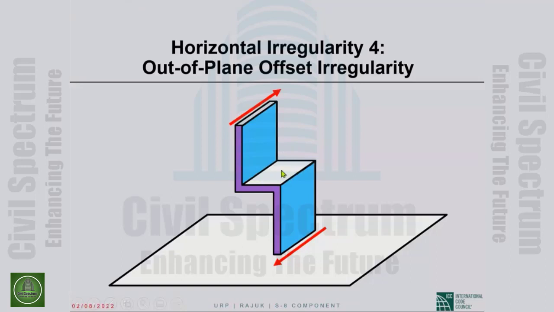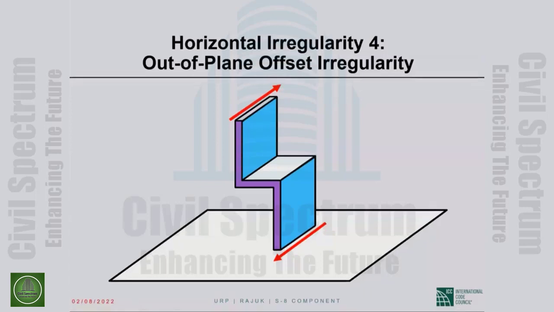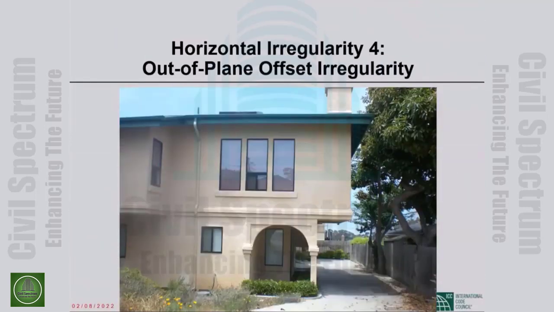The diaphragm shear, this is called a transfer diaphragm when this thing happens, when the diaphragm has to transfer the shear from the base of this wall to the top of the continuing wall. This transfer diaphragm has to be treated properly in design. Those transfer forces have to be treated properly. But anyway, this is out of plane offset irregularity.